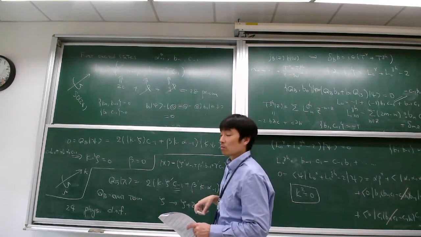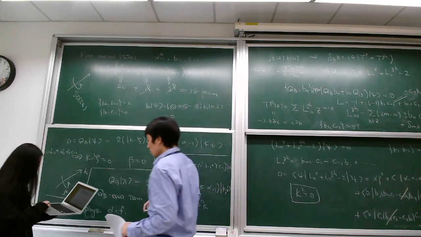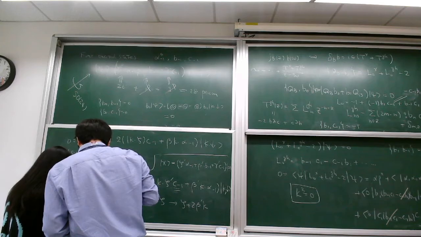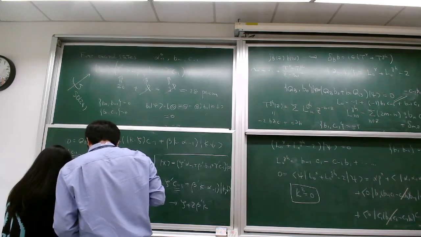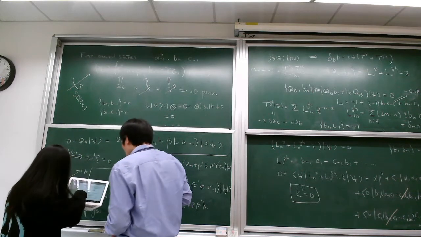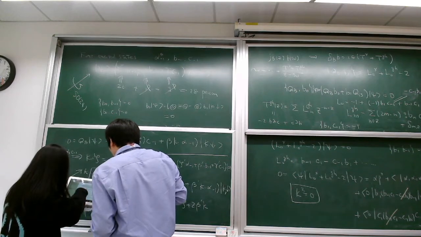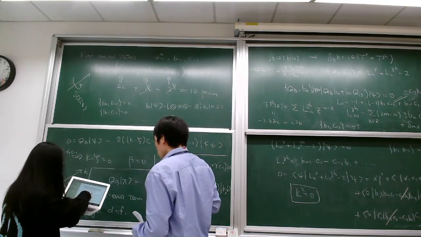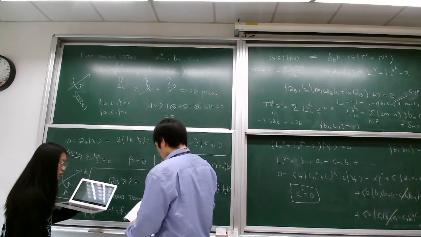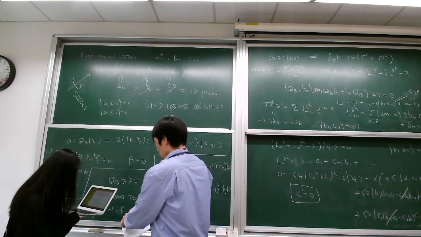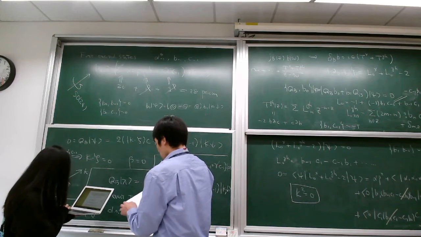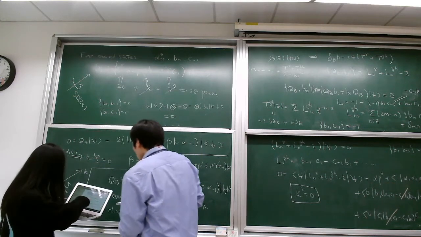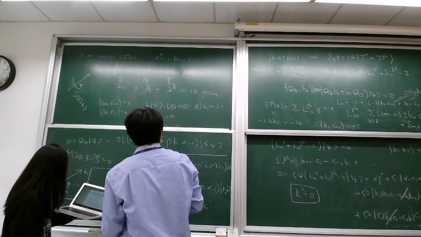I also want to ask, so L is from, and I don't know why the mode expansion is like this. So sorry, L0? Yeah, I mean L0. Because it's a bosonic mode.